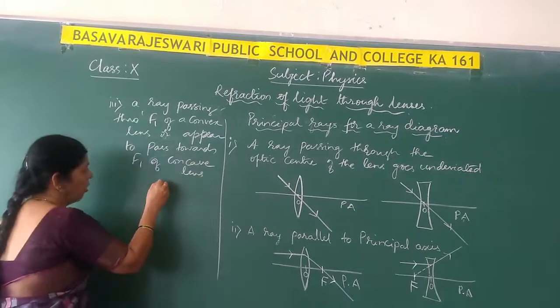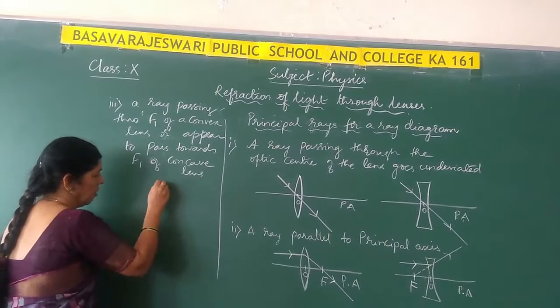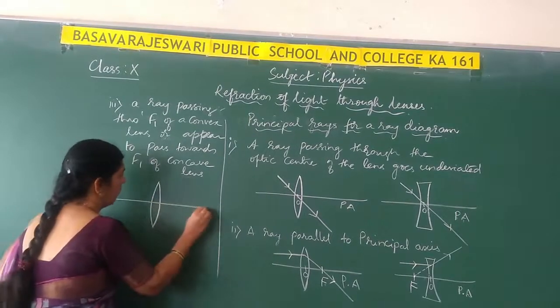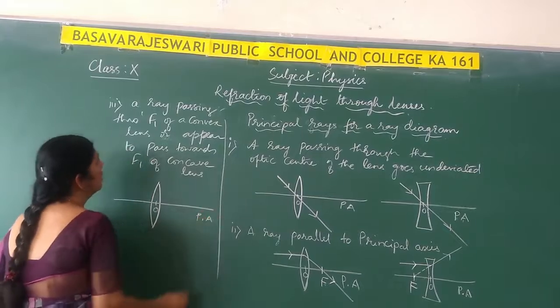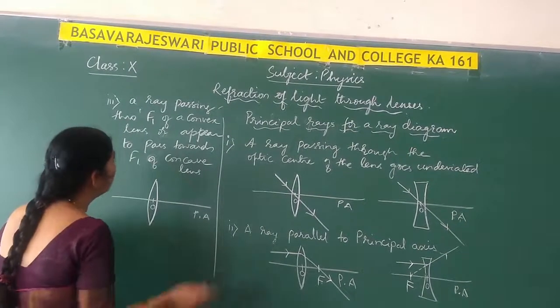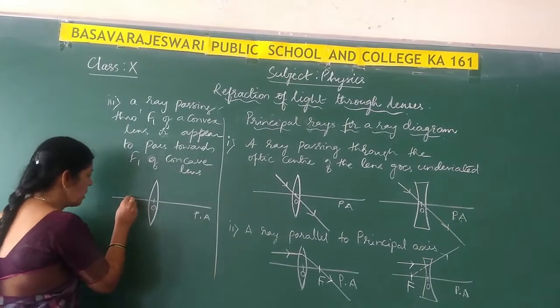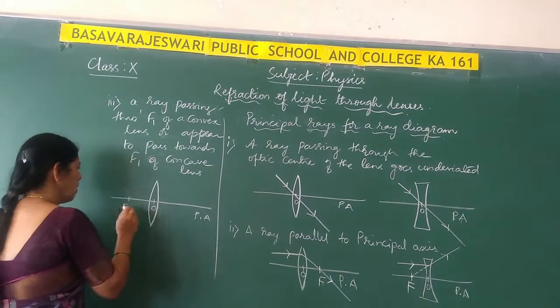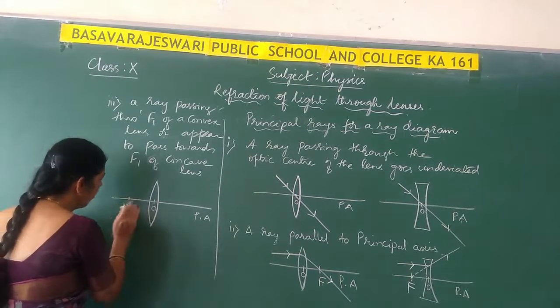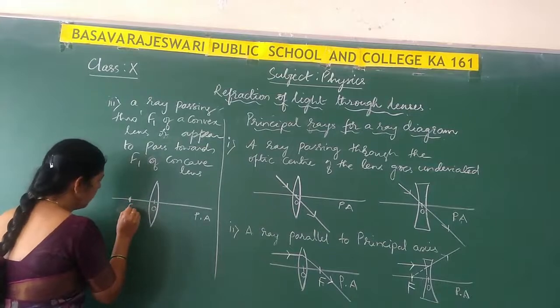Now, how do we have to show it for a convex lens? You see, this is the optic center, this is the principal axis of the lens. So, a ray passing through F1 of the convex lens. F1 of the convex lens is here, right? So, the ray which is passing through F1 of the convex lens.